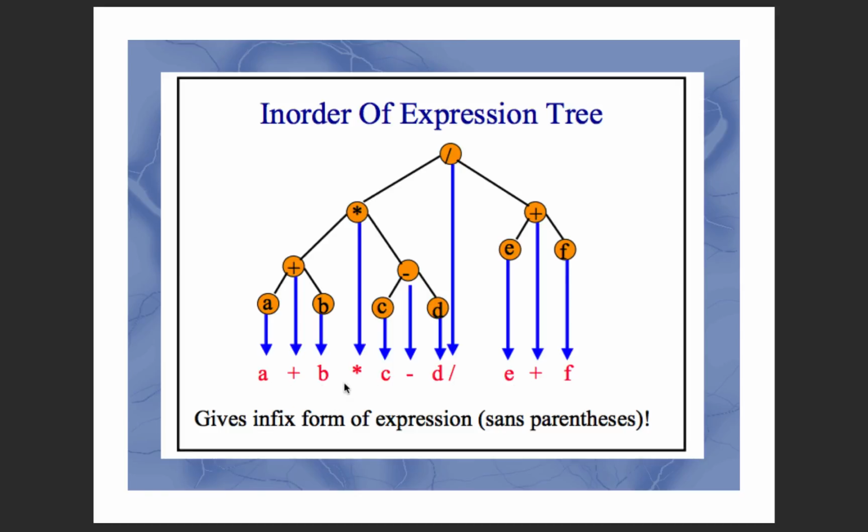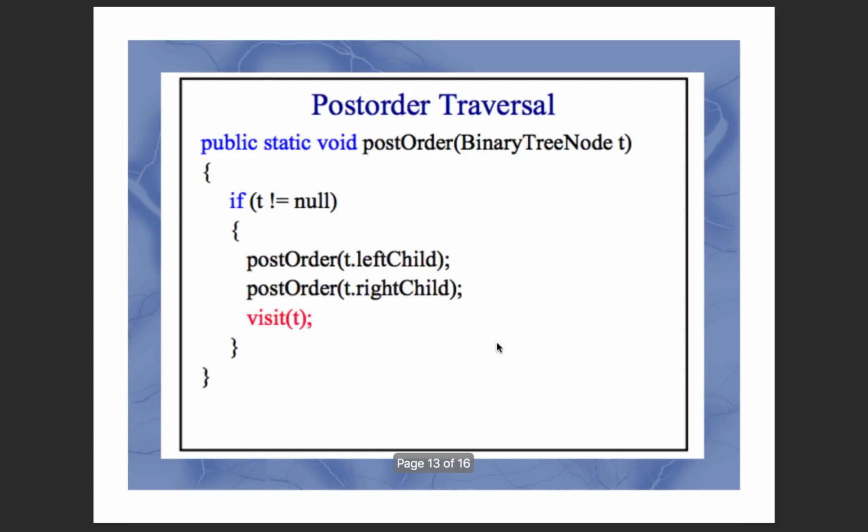There is no parenthesis over here, so sometimes it may be confusing which expression would be evaluated first. But it creates infix. You can see that a plus b multiplication c minus d divided by e plus f. So this is an infix expression, so we can create infix expressions by traversing an expression tree in an in order way.